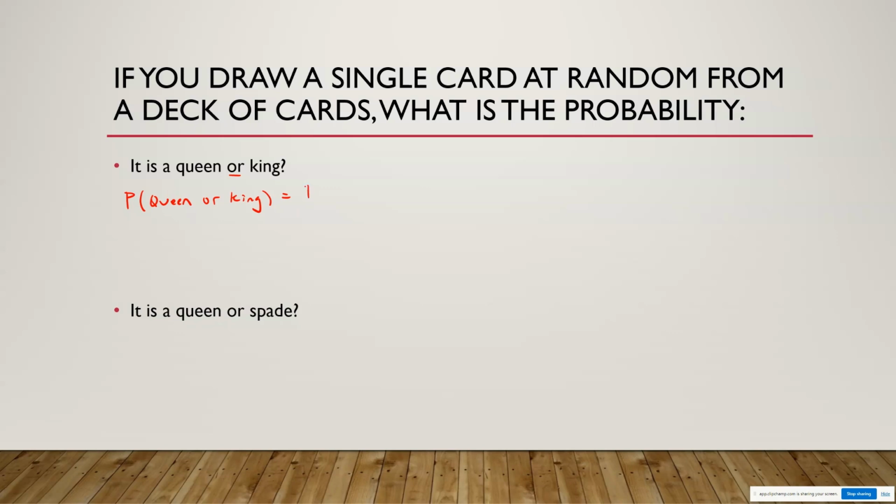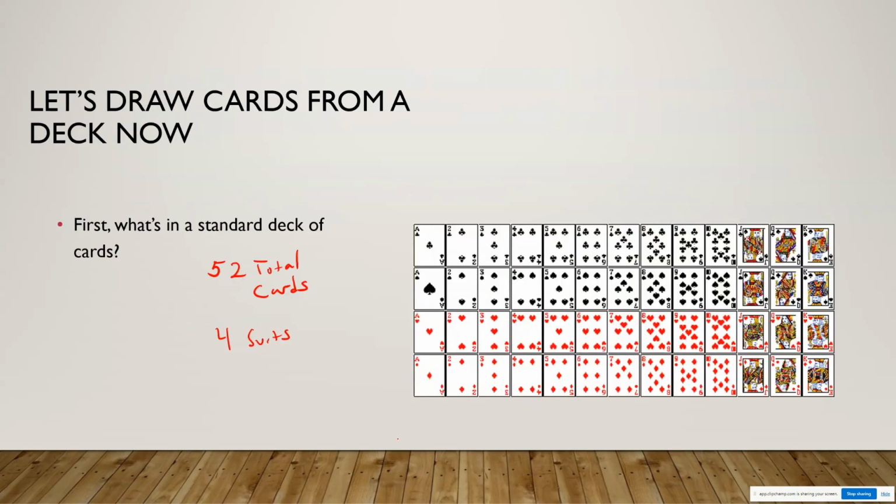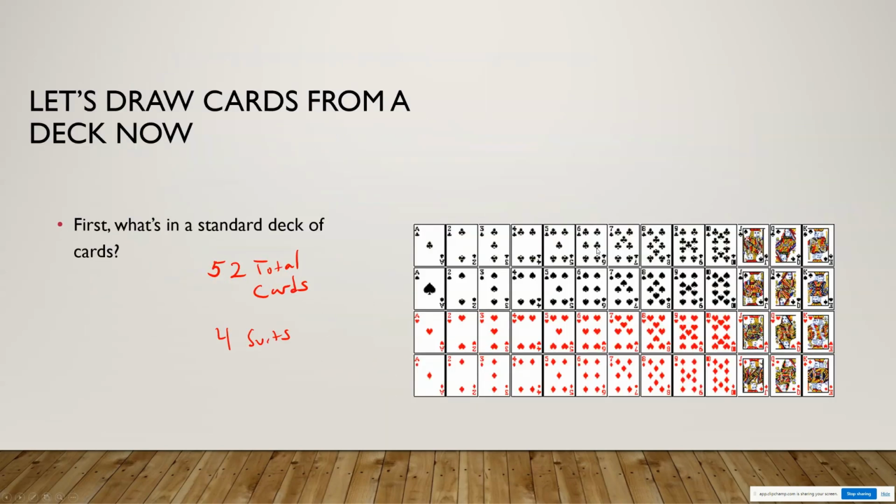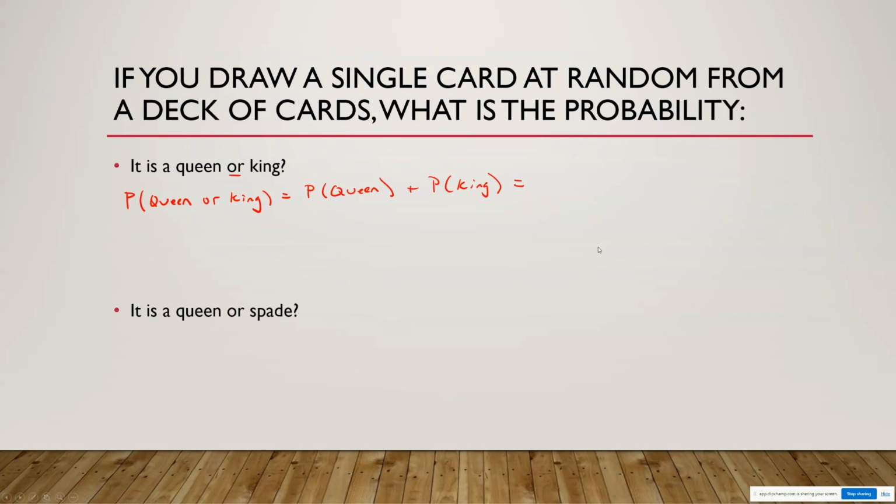So I'm going to take the probability I get a queen from a deck plus the probability of a king. Just going back to our formula, it's the probability of the first event plus the probability of the second event minus the probability, this is weird, that both of these things happen. Minus the probability that the card I draw is both a queen and a king. That sounds weird.